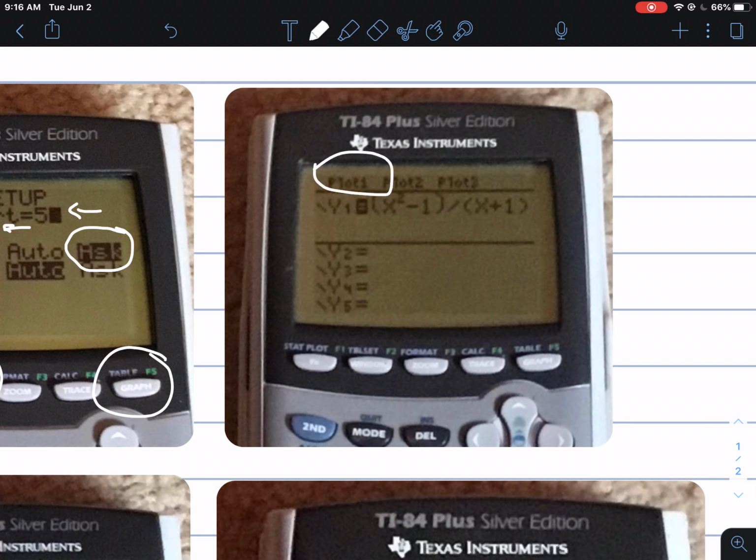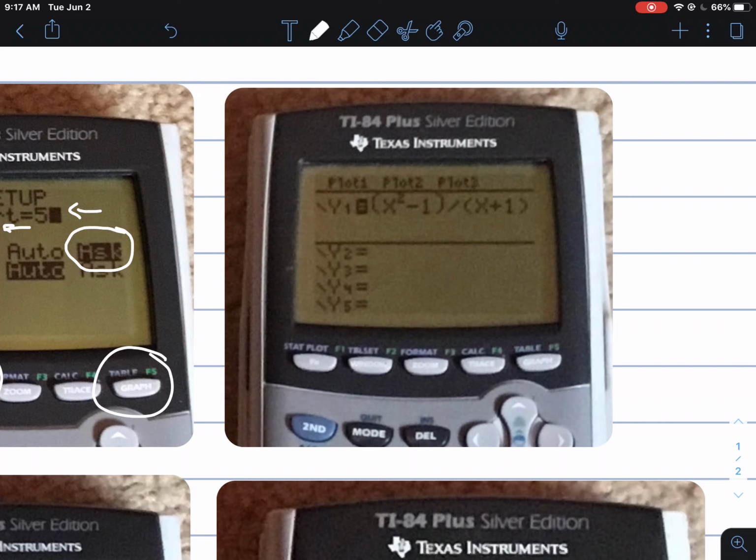Make sure your plots are off. If any of those are highlighted and you graph or manipulate these functions, you're probably going to get an error. If any are highlighted, just hit your up arrow until it's highlighted, hit enter, and it'll turn it off. So make sure your stat plots are turned off.